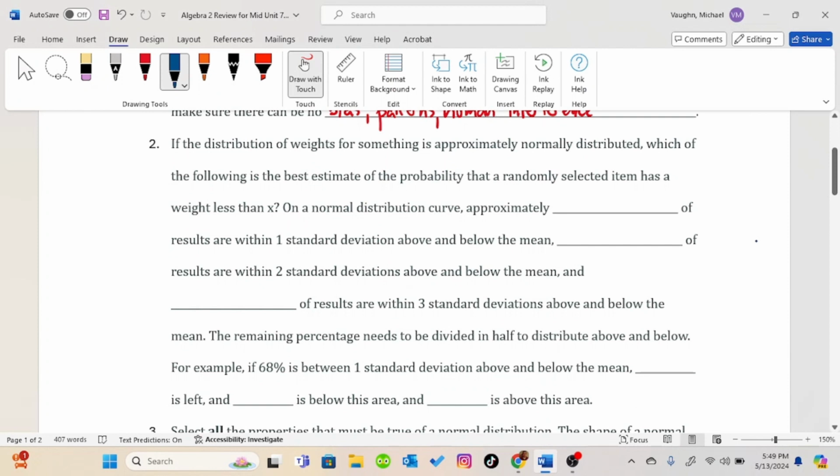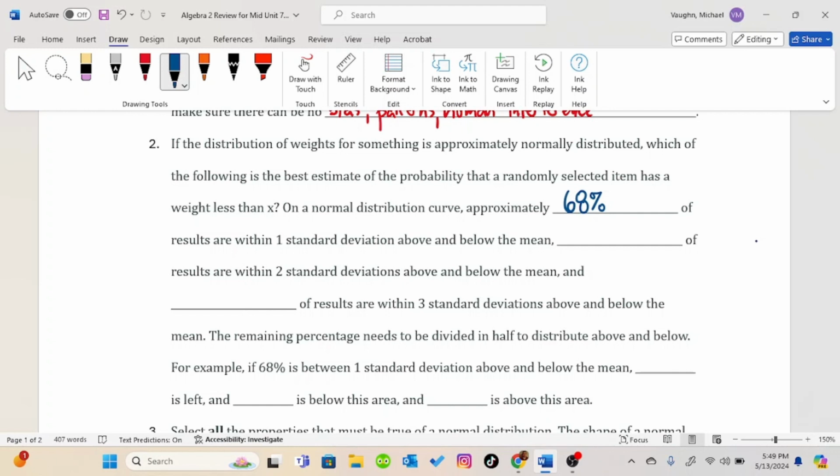Number 2, if the distribution of weights for something is approximately normally distributed, which of the following is the best estimate of the probability that a randomly selected item has a weight less than some given x? What you need to make sure you remember is that on a normal distribution curve, approximately 68% of results are within one standard deviation above and below the mean.